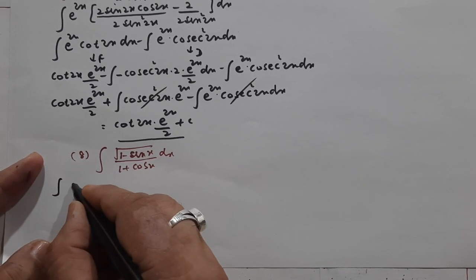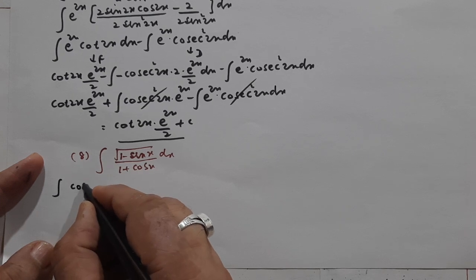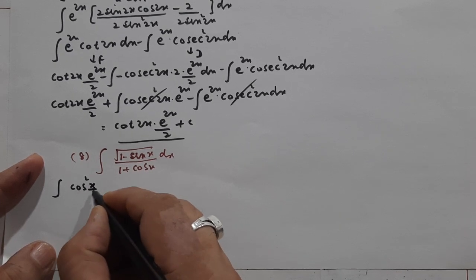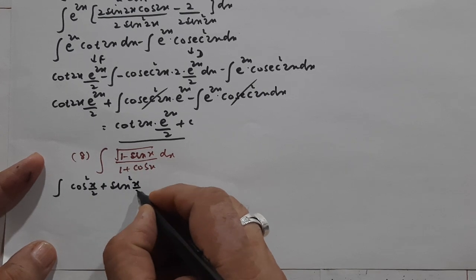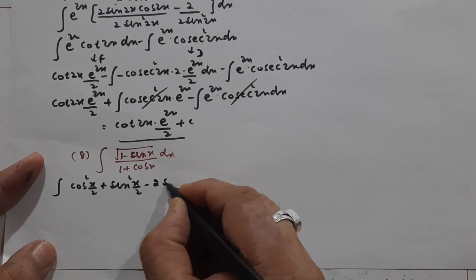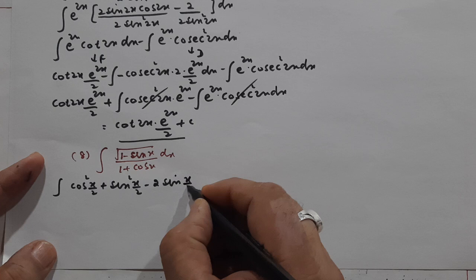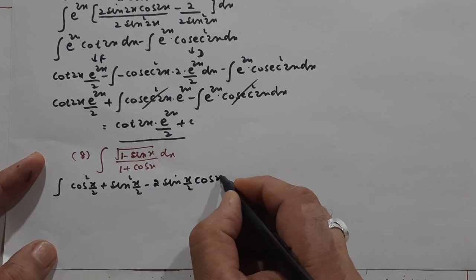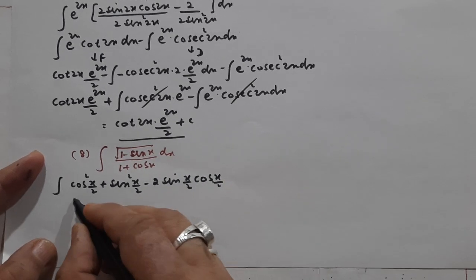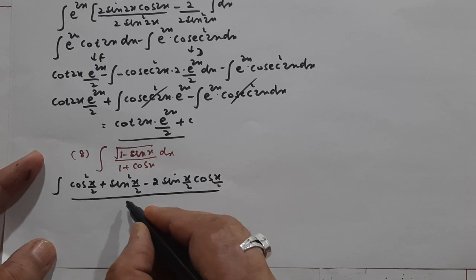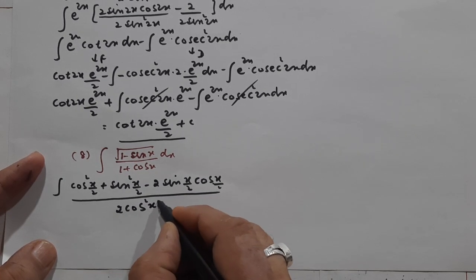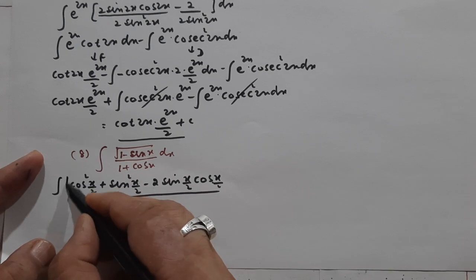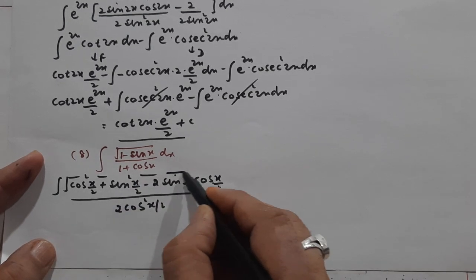So here in place of 1 we can write cos square x by 2 plus sine square x by 2. And what is sine x? 2 sine x by 2 into cos x by 2, upon 1 plus cos x, which is 2 cos square x by 2, like this.